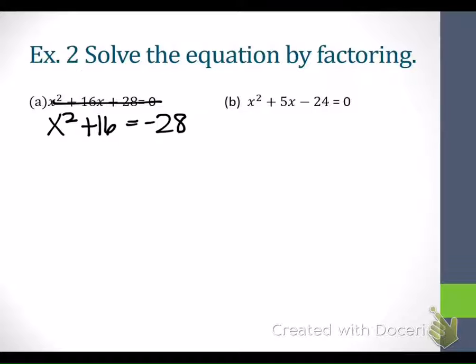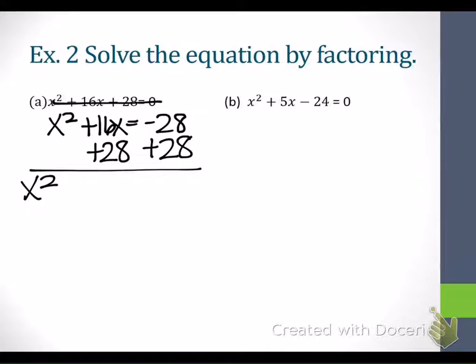Would I have been able to start the problem if it looked like that? No. What would I have had to do first? Add the 28. I got to get everything on one side, and it's got to be set equal to 0. So x squared would come down, 16x would come down, and plus 28 would come down, equals 0.